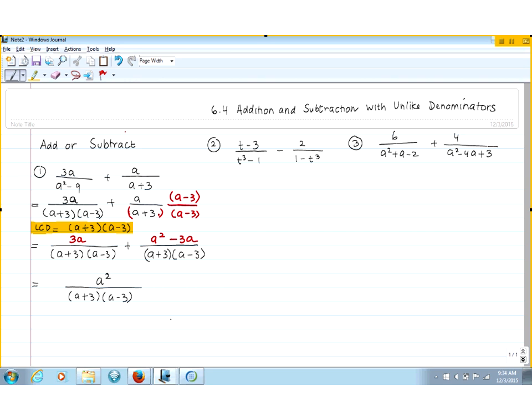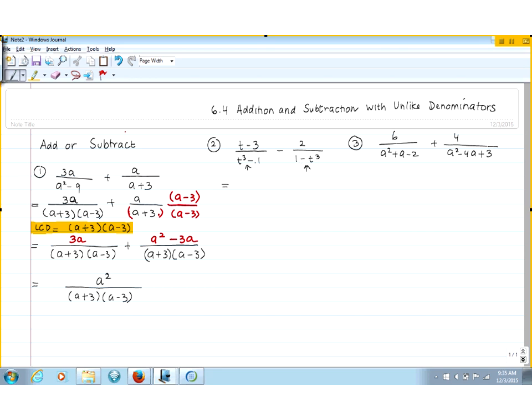Good? Okay. Now, number 2. Are these two denominators the same? Look at the denominators first. What is the relationship between this one and this one? They're opposite, you're right.